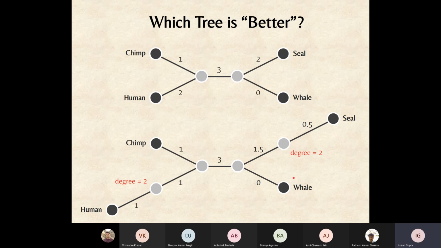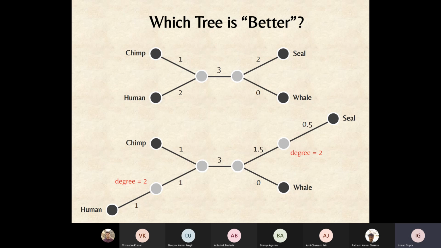So we are looking for trees which have node degrees equal to 1, that is the leaves, or equal to 3 if it's an unrooted tree, or where the ancestral node only has a degree equal to 2 in the case of a rooted tree.